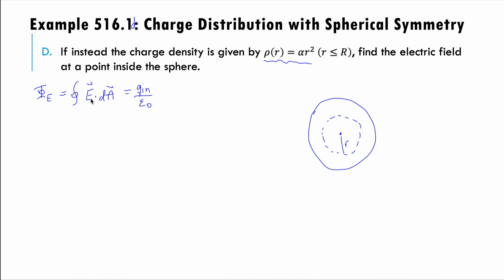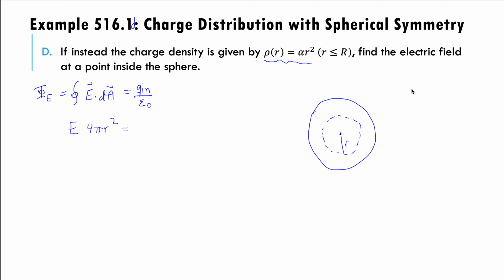But we'll still have E constant at the surface of that sphere, because at the surface there's a constant r value, so there's a constant field. We're going to have E dA, and dA is once again going to be 4 pi r squared. But now the trick is to find the charge enclosed. We can't just say it's a fraction of the two volumes because it's not uniformly distributed.